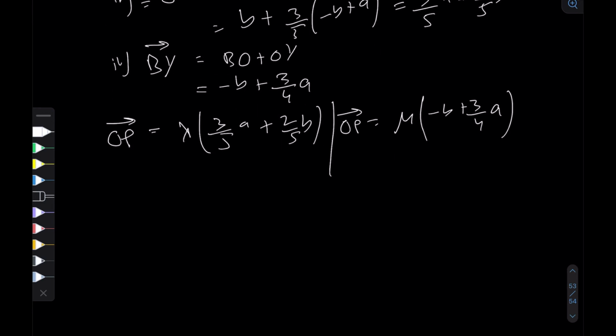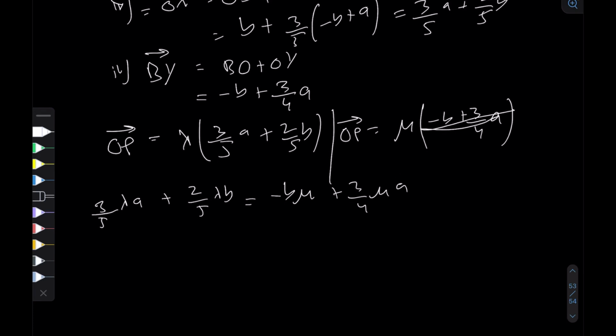So since both of them are OP, they need to be equal. So 3 over 5 lambda a plus 2 over 5 lambda b should equal minus b mu plus 3 over 4 mu a. Sorry, wait, this is wrong. So OP will be equal to OB plus BP.